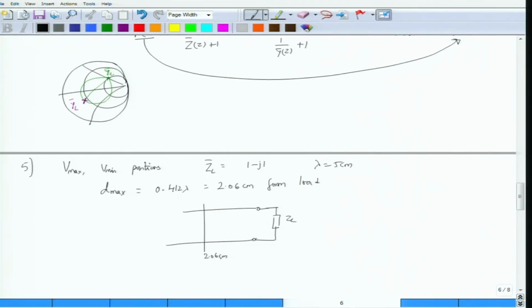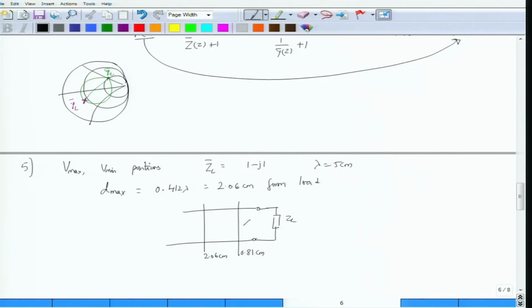It turns out for this particular case, because there is a capacitive reactance down here, the location of this point will be on the lower hemisphere of the Smith chart, and as you go clockwise towards the generator, the first position that you would hit is actually V minimum. So the first position should be V minimum, and this occurs at around 0.1 centimeter.